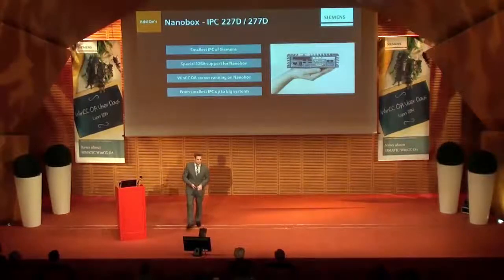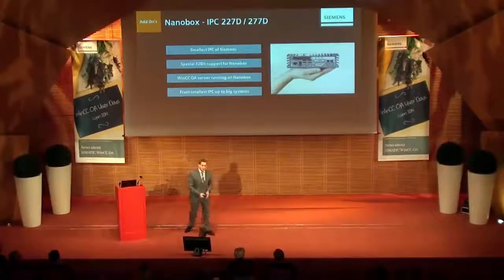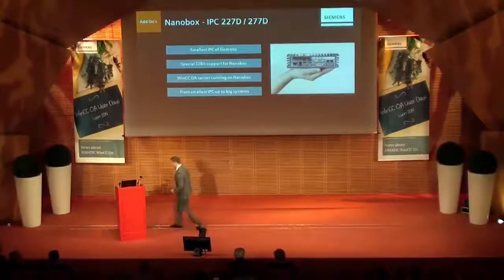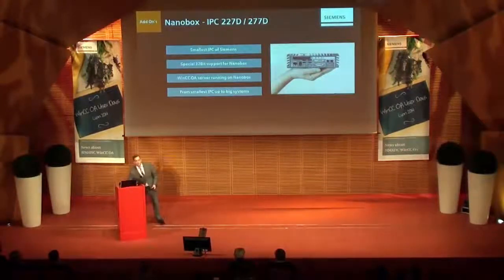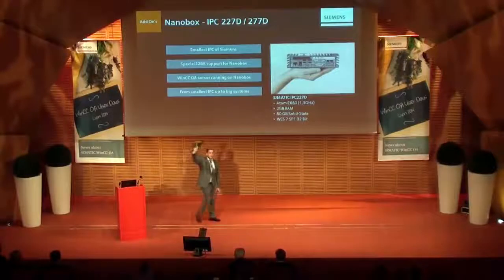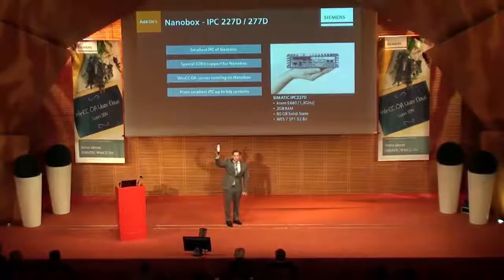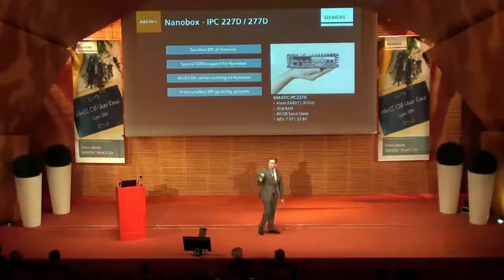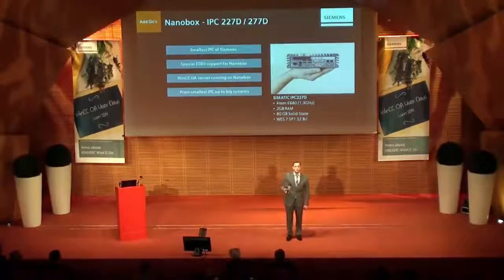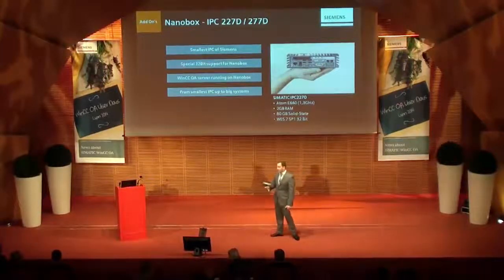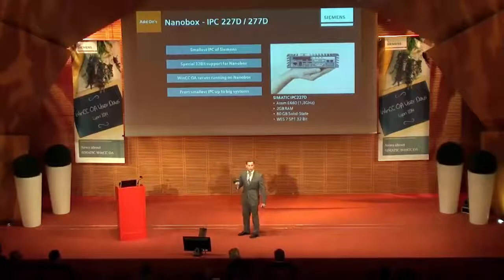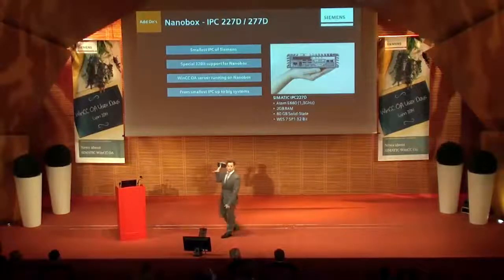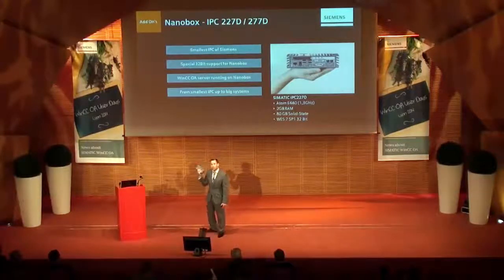So there will be a full WinCC OA server running on the NanoBox. And I don't know who knows it. That's a really small device. It's more or less, I think it's exactly 1 liter of volume. And there you can run a whole WinCC OA server. You see the footprint, it's really small. And that's really amazing.